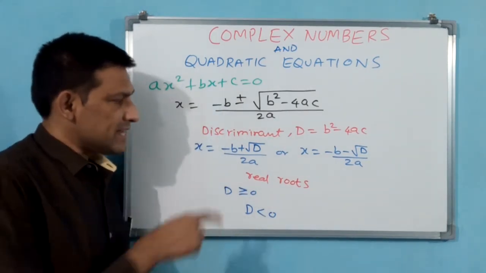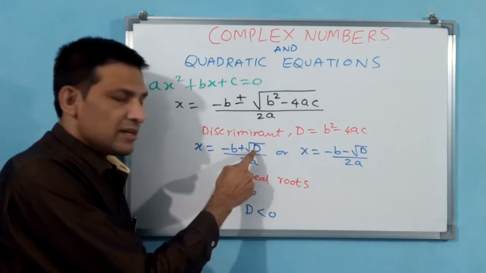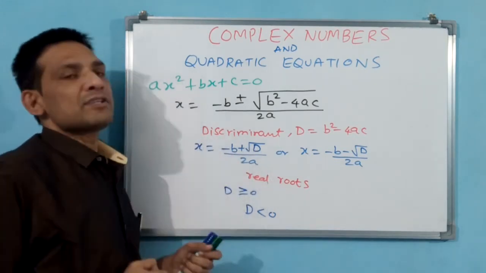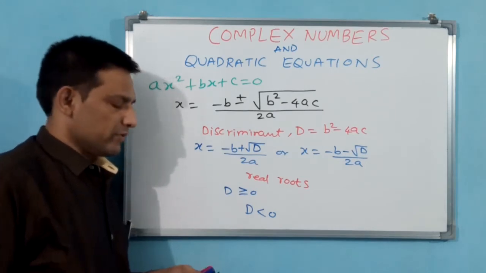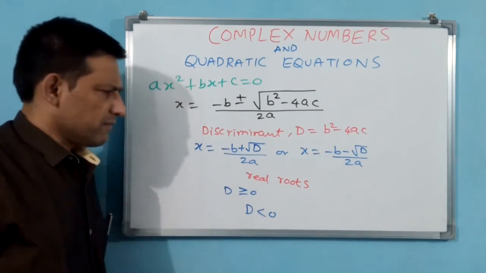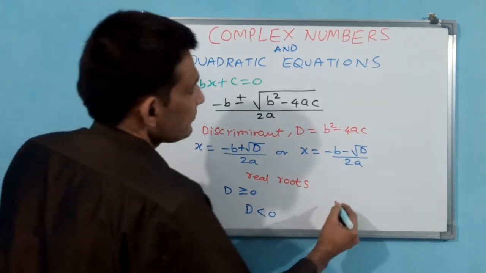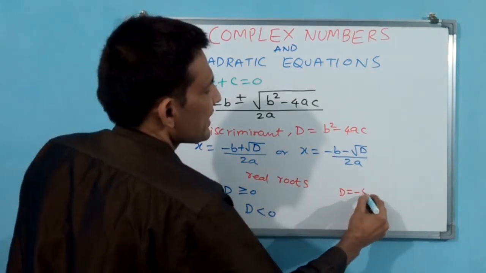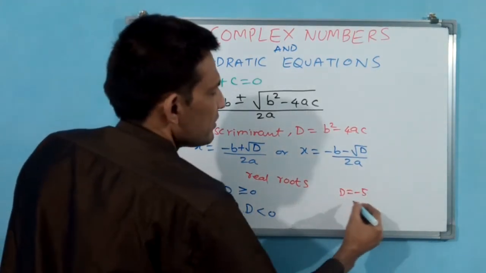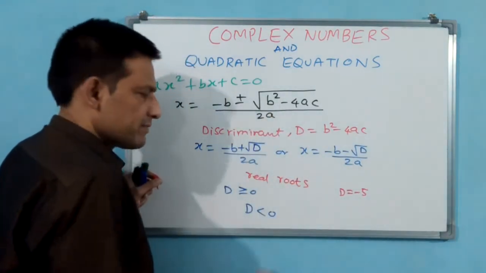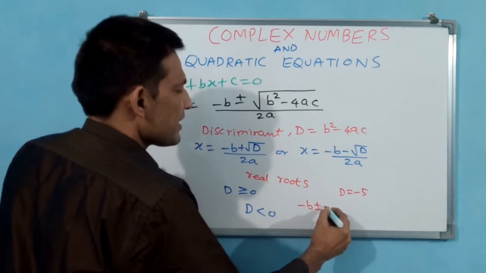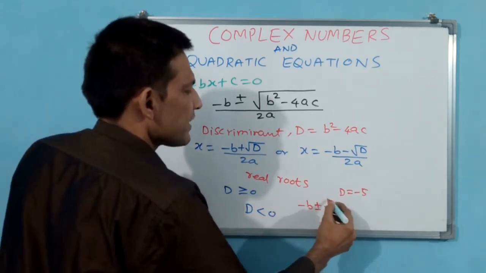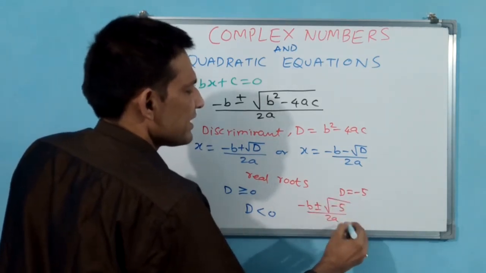Imagine, less than 0 means automatically a negative value under the square root, say minus 5. D becomes minus 5, that means b square minus 4ac is equal to minus 5. Then how are you going to write minus b plus or minus square root of minus 5 by 2a?